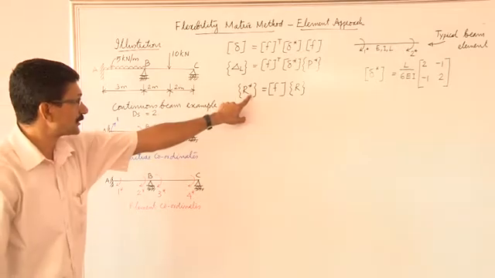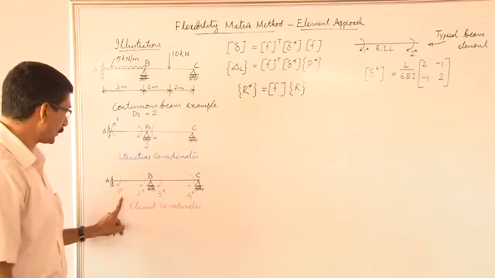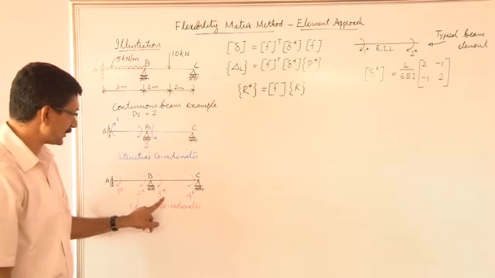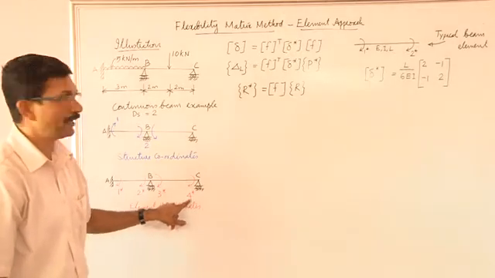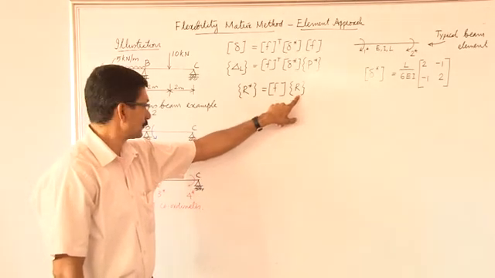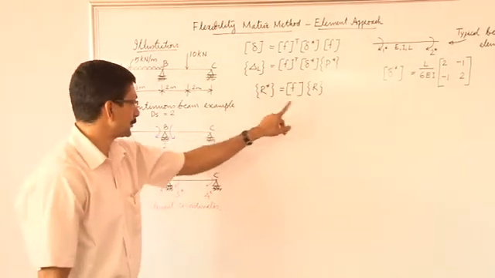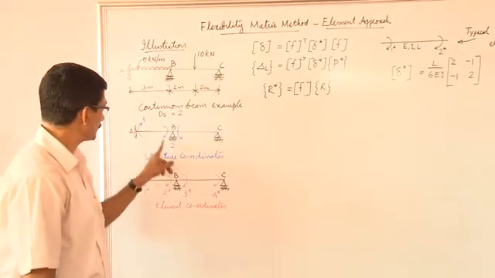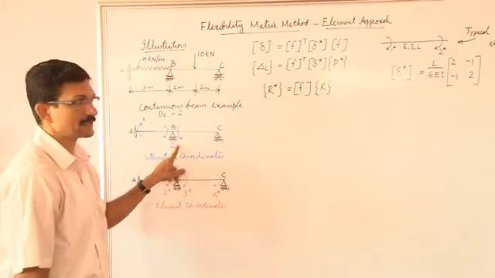So the forces corresponding to these coordinates 1 star, 2 star, 3 star and 4 star will be the elements of this vector, and the elements of this vector would be the forces corresponding to the structure coordinates, that is 1 and 2 in this example.